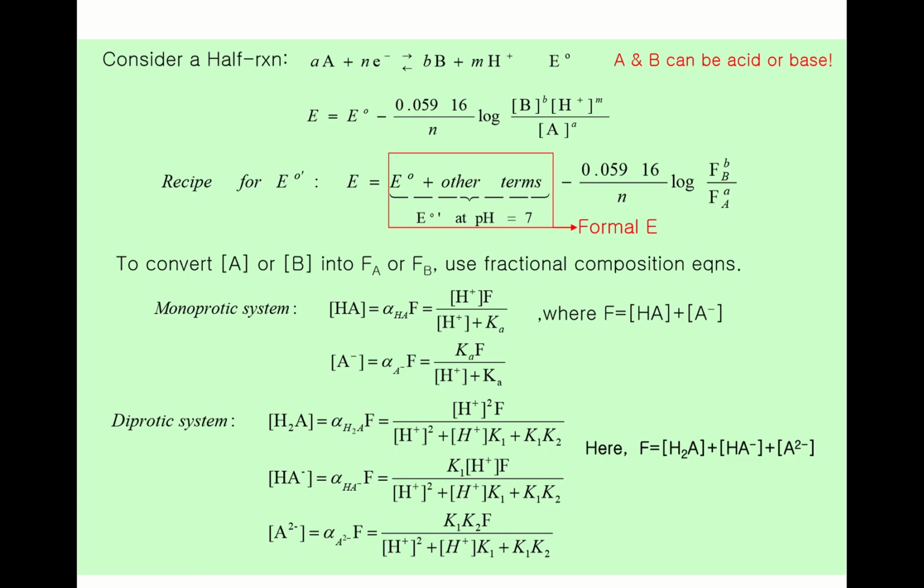This slide shows how to calculate E0 prime at pH 7, or at different pH. Let's consider this general case: A plus ne minus equals B plus H plus.